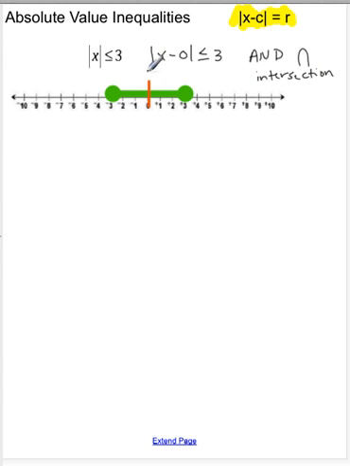And I can think about this for some other equations too. Let's take a look at one that builds out of here quite naturally. For example, the absolute value of x minus 4 is less than or equal to 3. Here I'm interested in the values that are 3 or less than 3 away from 4.